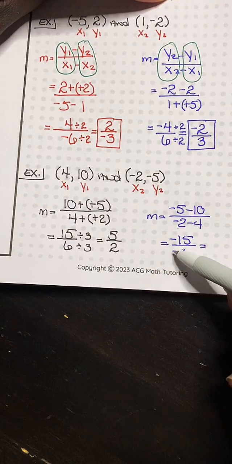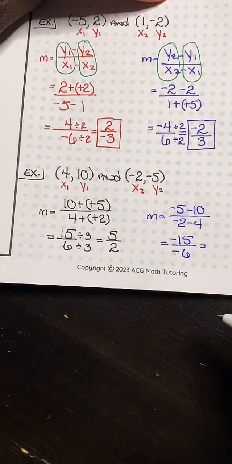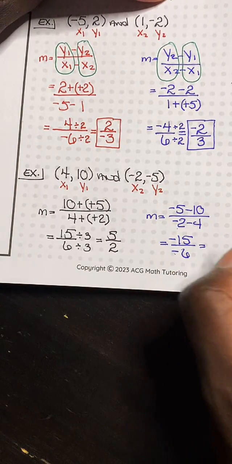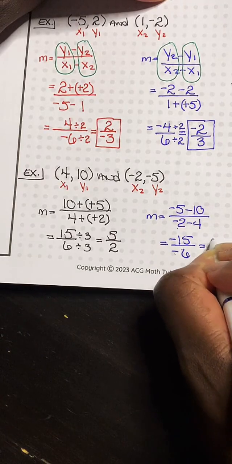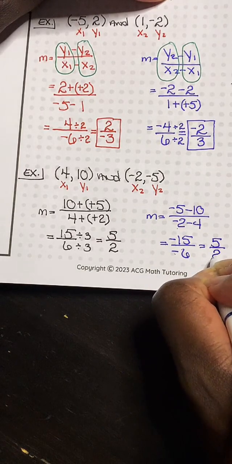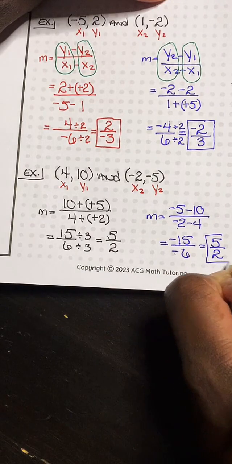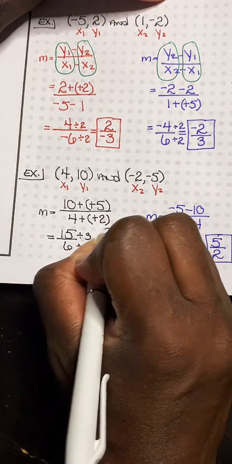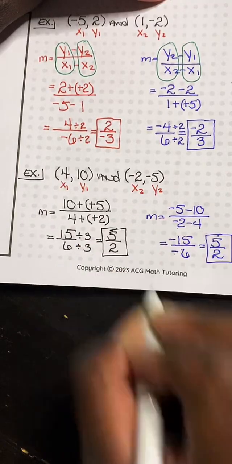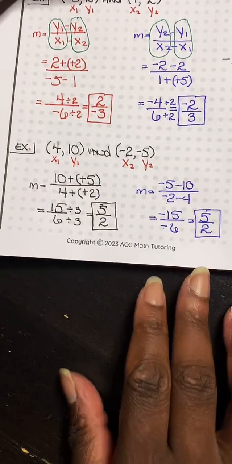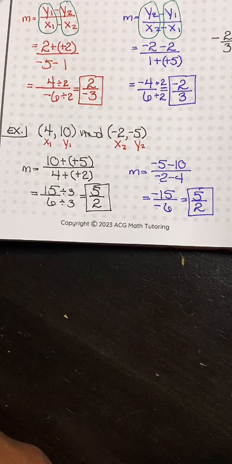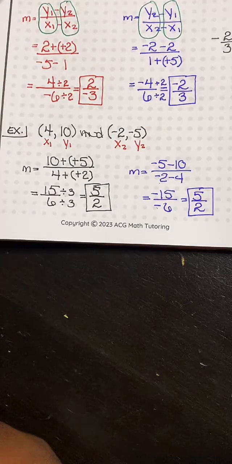A negative divided by a negative gives me a positive. Then 15/6, again divided by 3, gives us 5/2. So you will get the same answer regardless of which way you do it. You see what happened?